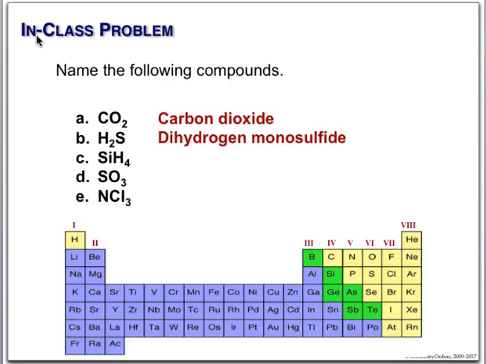Silicon, just going to say silicon. We have 4 hydrogens, so that's a tetra. This is silicon tetrahydride. 1 sulfur, so our first word is sulfur. 3 is a tri, so this is a trioxide.